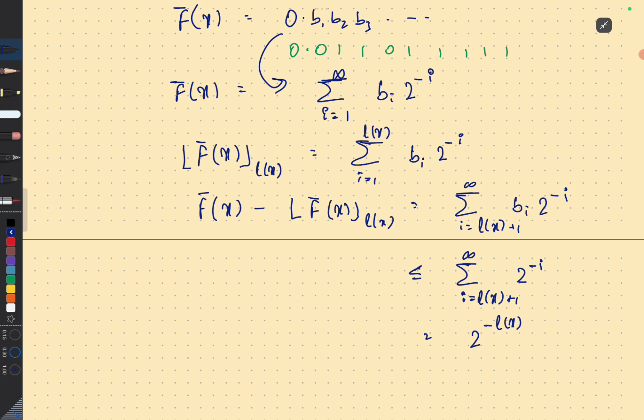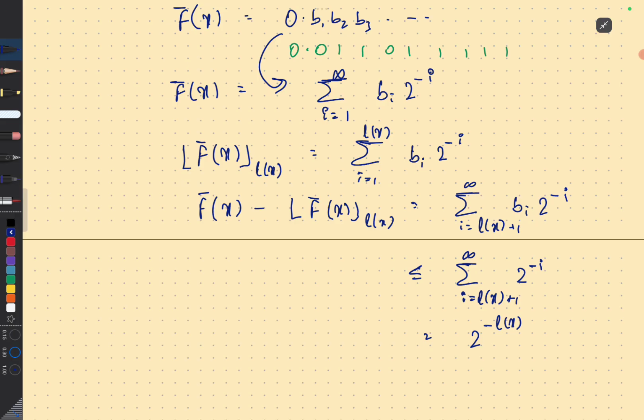So full precision would give you f bar of 2. You truncate a little bit, you get something a little lower. The more you truncate, the lower you'll go. So the trick is to truncate just enough so that the truncation of f bar of 2 lies in this interval, the truncation of f bar of 1 lies in this interval, the truncation of f bar of 0 lies in this interval, and so on.